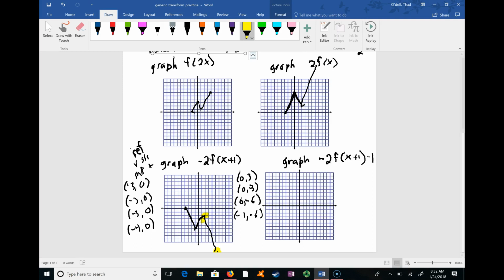And we can do the same thing on this one here. The last one, again, I would take the time to pick the points and apply all the transformations to it.